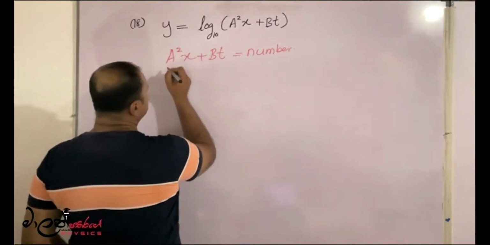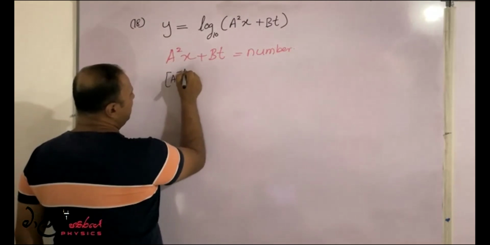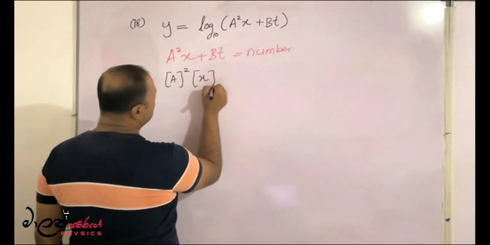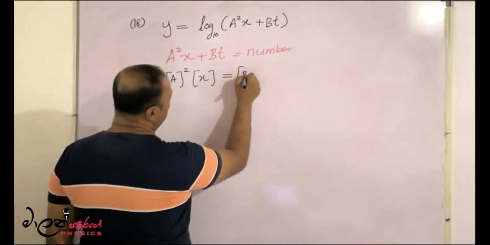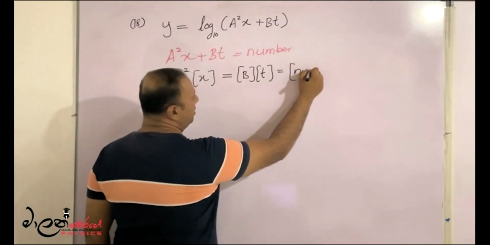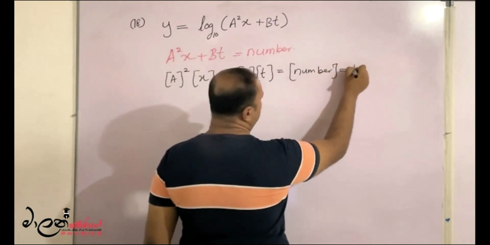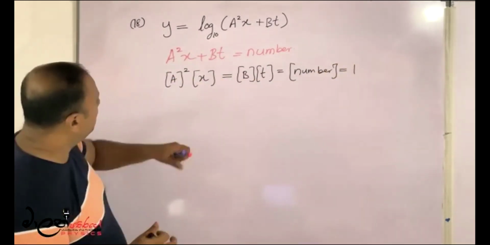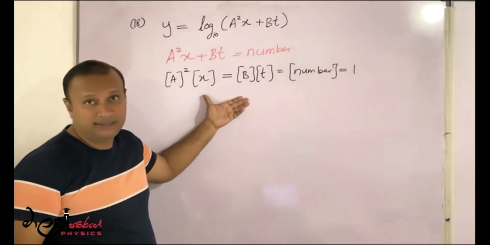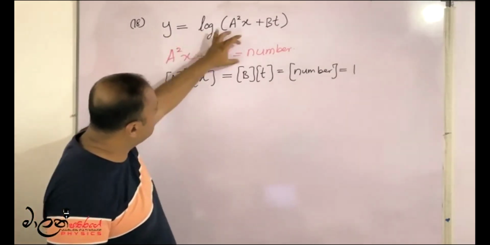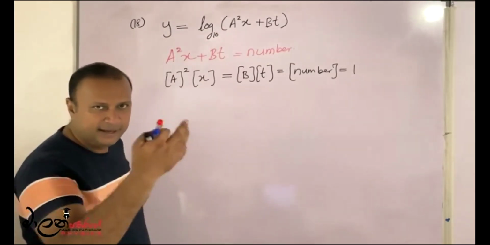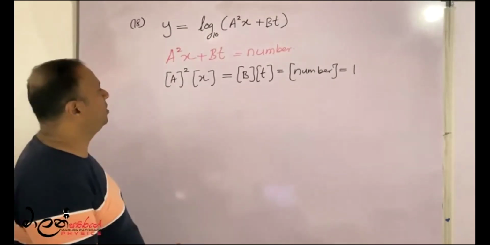That means the dimension of a squared x is equal to the dimension of b into the dimension of t, which is equal to the dimension of a number, that is 1. Now the argument for this step is that all the terms in an equation should have the same dimension.